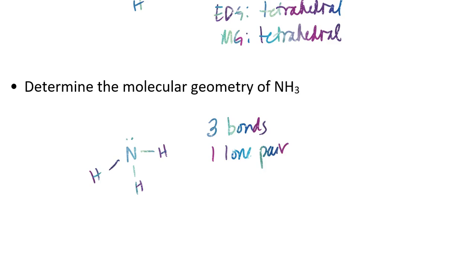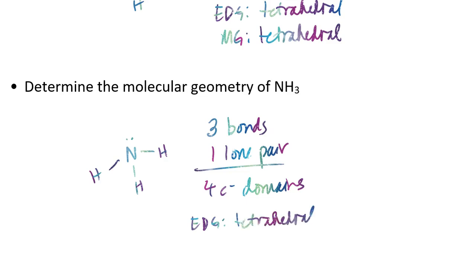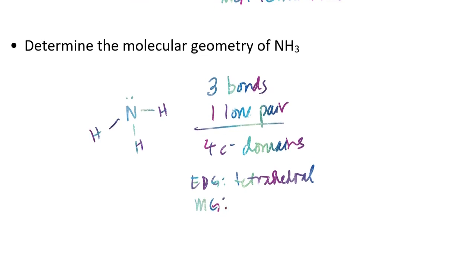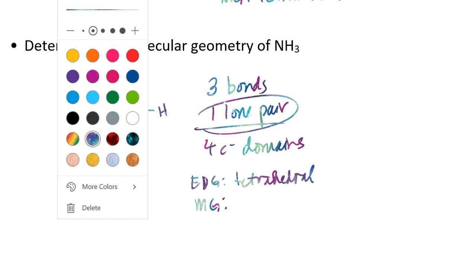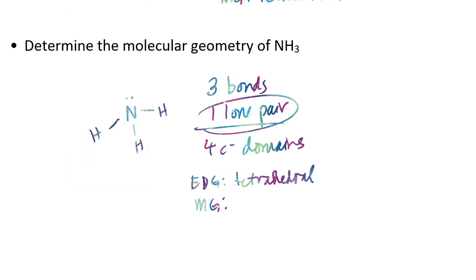So here I have 4 electron domains, and as a result, the electron domain geometry would still be considered tetrahedral. And for the molecular geometry, since I have 1 lone pair, I'm just going to look at what the atoms and bonds are doing.